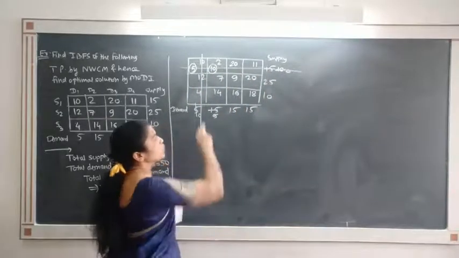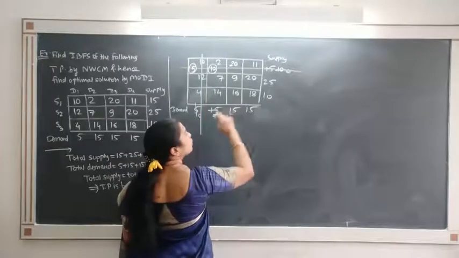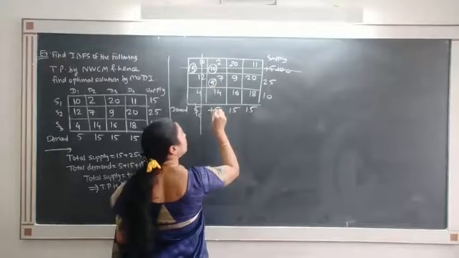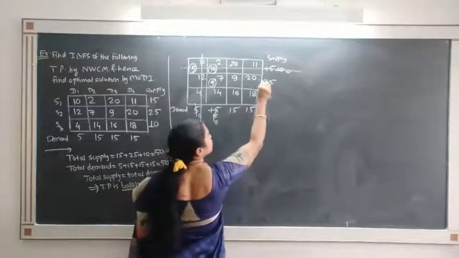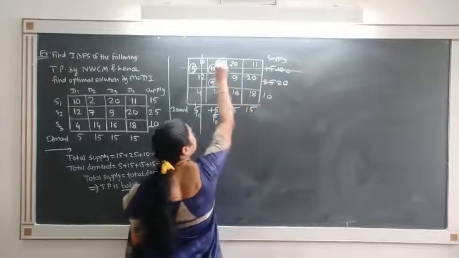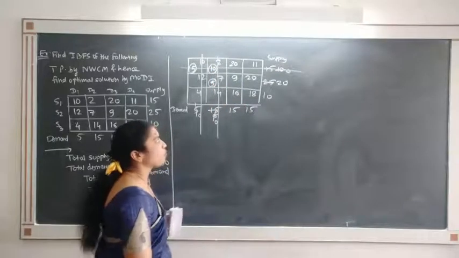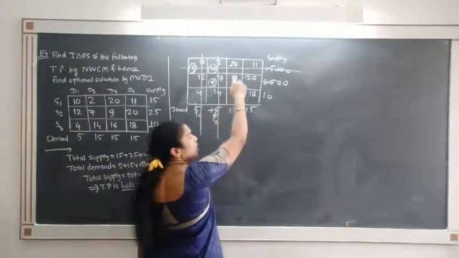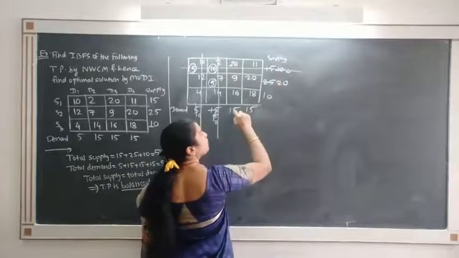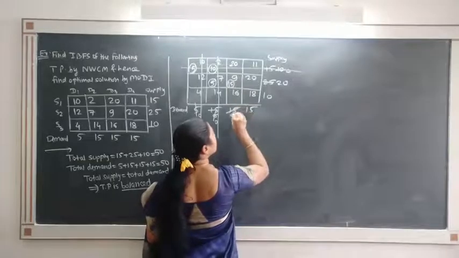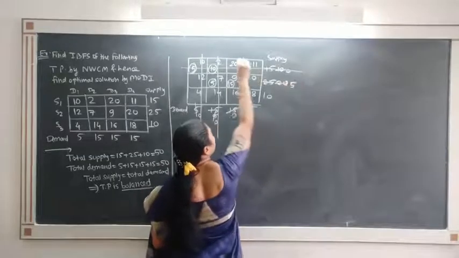Move below. In this cell, we allocate the minimum of 5 and 25, that is 5. Demand becomes 0, supply remains 20. As demand is 0, this column is crossed off. Move to the next column, allocate the minimum of 15 and 20, that is 15, leaving 0 demand and 5 supply.